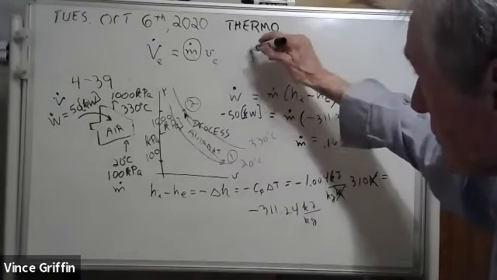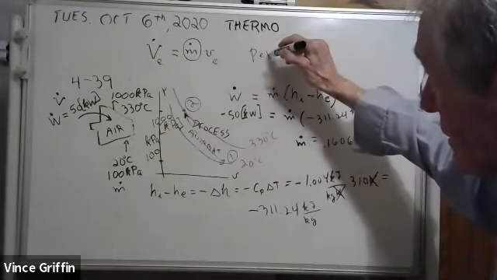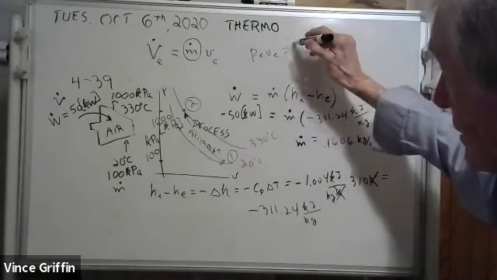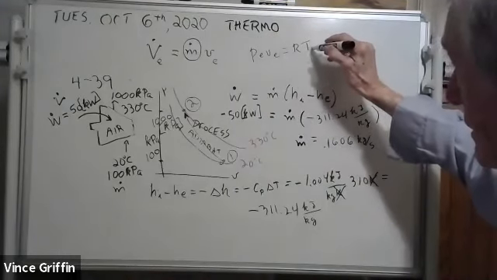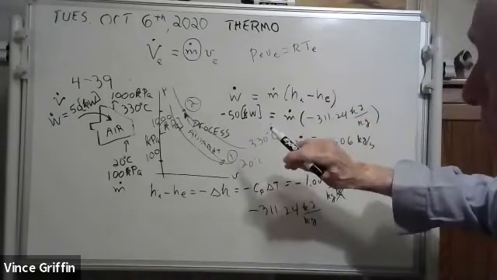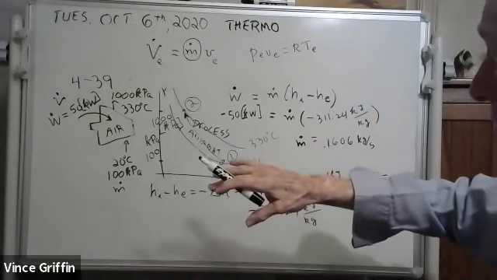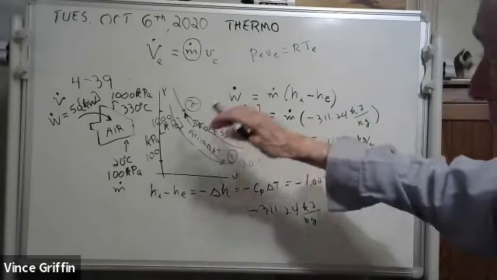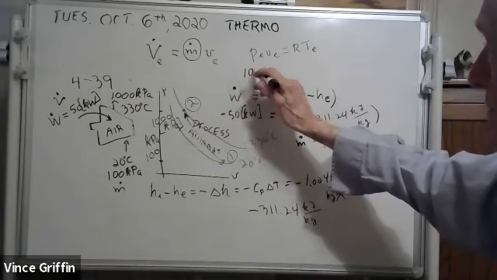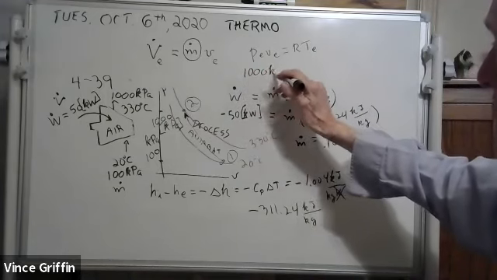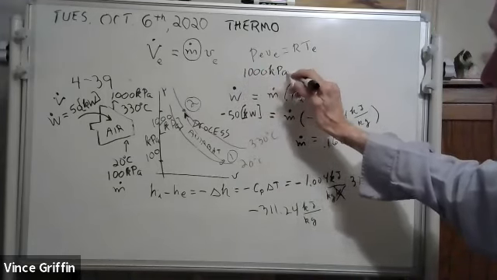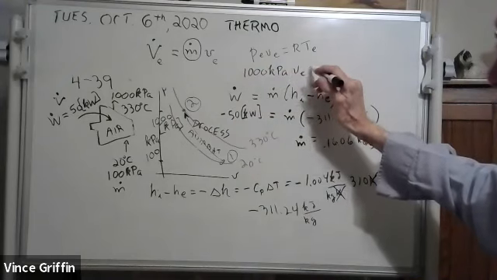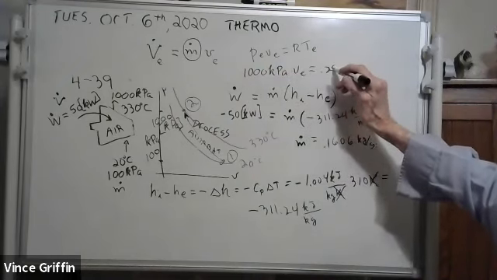So here's how we're going to do it. We're going to go PE VE equals RTE. Now PE is 1,000 kilopascal. R is 0.287.